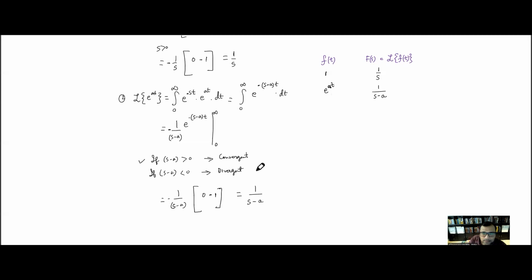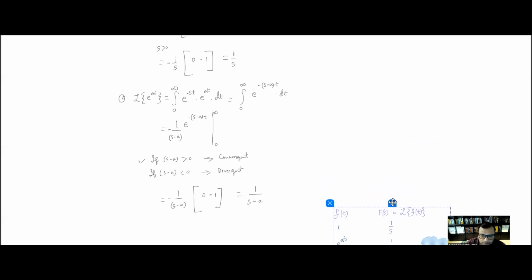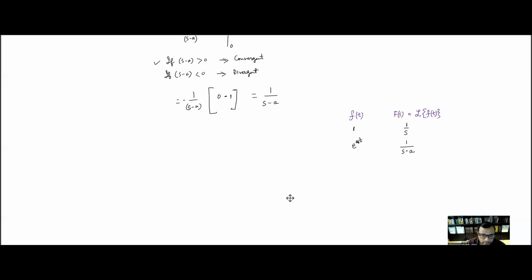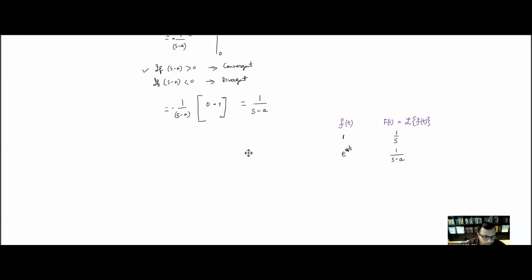The other thing is, if a is equal to 0, then this evaluates to 1, and this evaluates to 1 by s. So we are consistent. All right, let's take the next example. As we build out this table, I just want to keep this in perspective, so I'm putting this down here. Number 3.